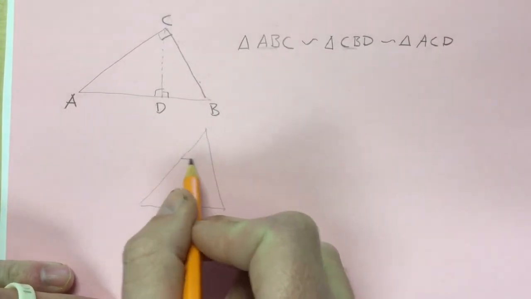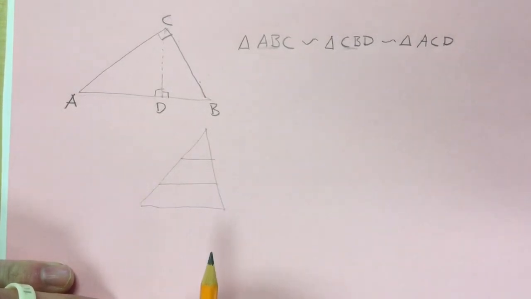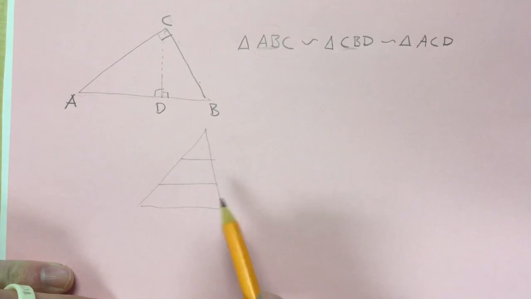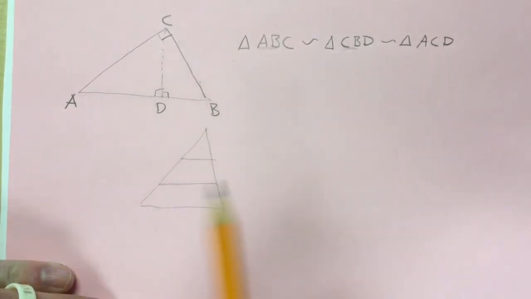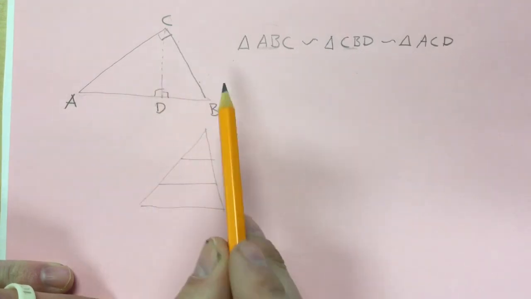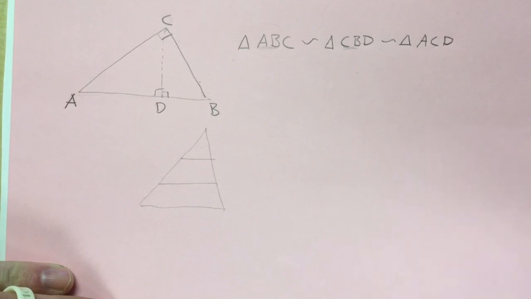It didn't have to be a right triangle, but it was divided into three triangles that were similar to each other, the top one, the second one, and the third one, and we lined up corresponding sides. You're going to be doing the same thing today with this first theorem by lining up corresponding sides of these three triangles that are formed when you have a right triangle and you draw an altitude to the hypotenuse. Stay tuned for the next two theorems.